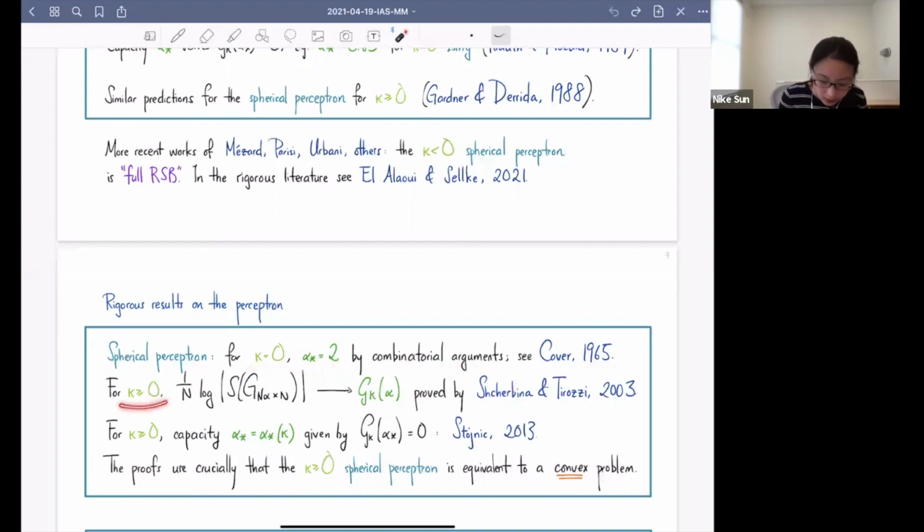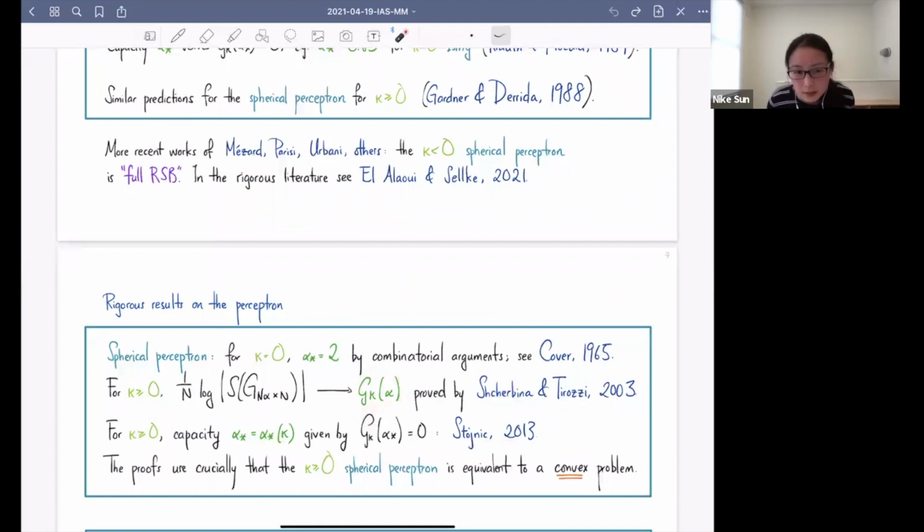For all kappa non-negative, it was proved that the volume of the spherical perceptron converges to the replica symmetric formula by Shcherbina and Tirozzi. And then again, for all kappa non-negative, it was proved that the critical capacity is given by the zero of this function, by Stojnic.